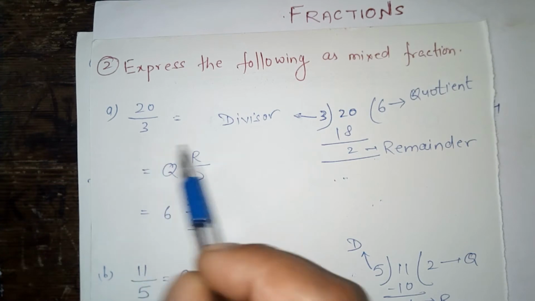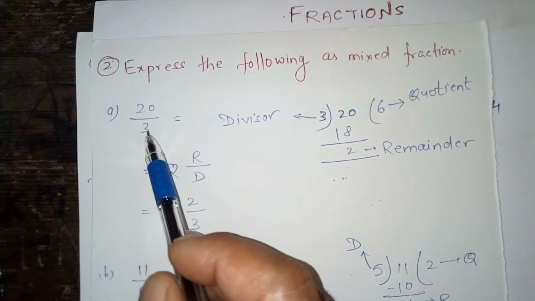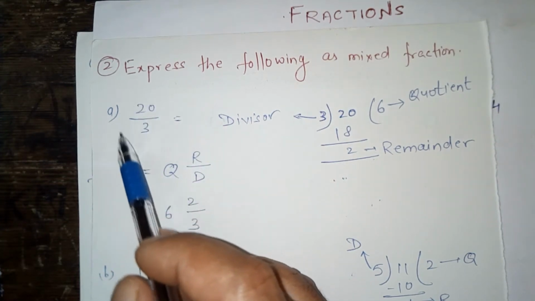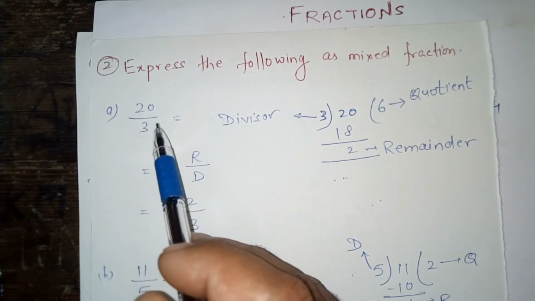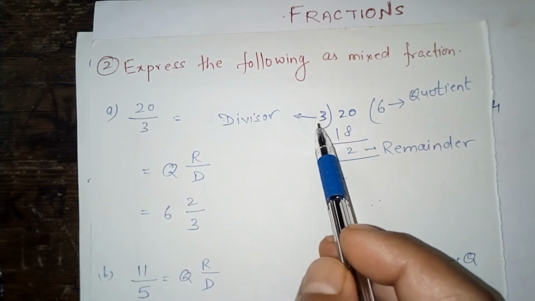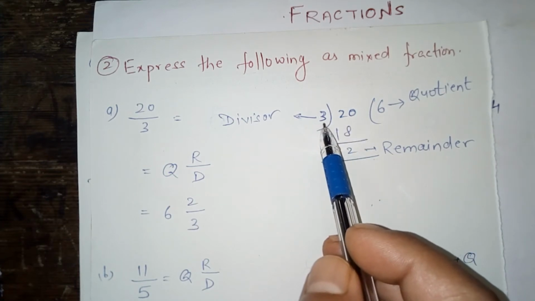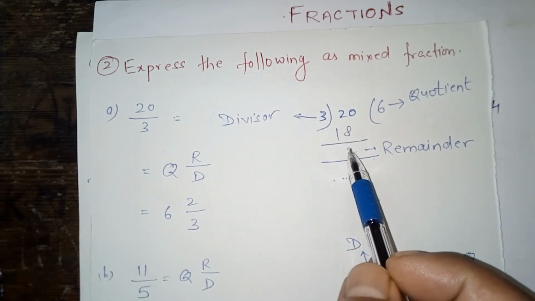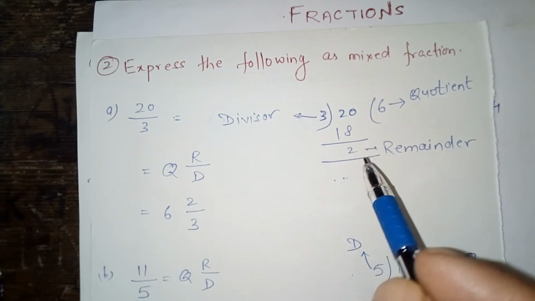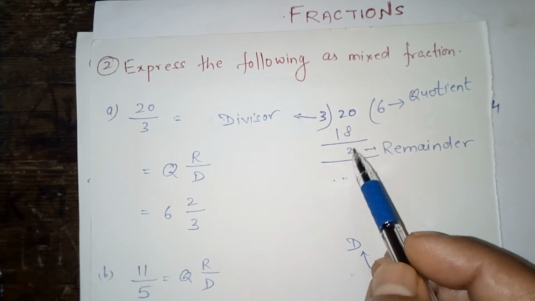How? Look here. 20 upon 3 is the improper fraction. Now 20 divided by 3. 3 6s are 18. I hope that all of you know the division procedure.